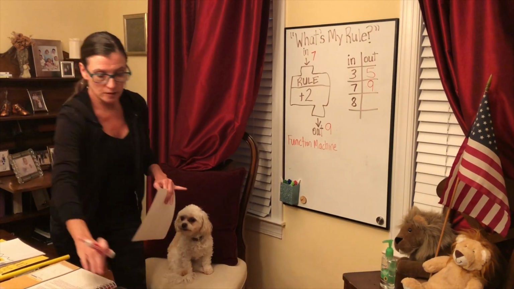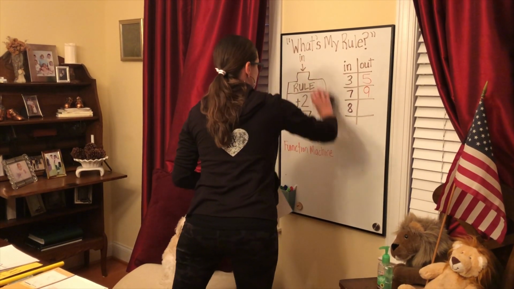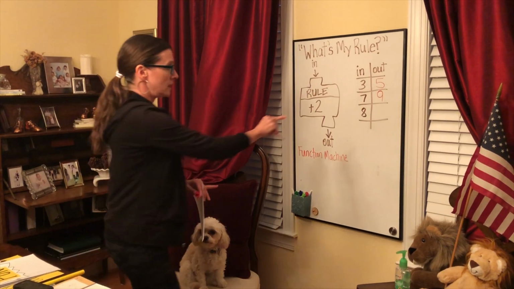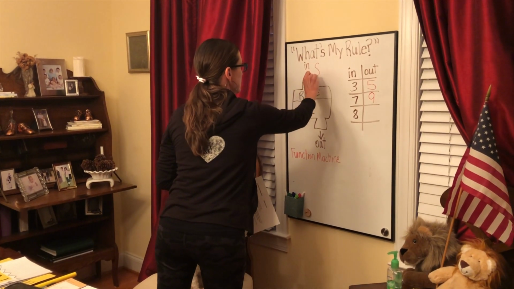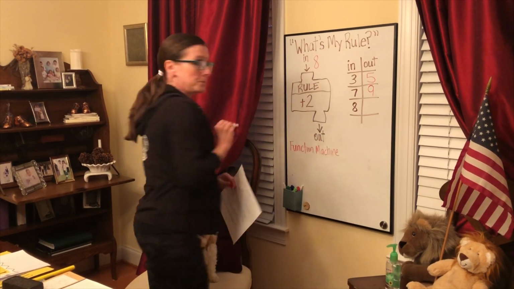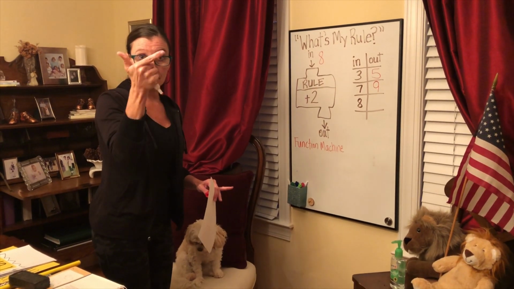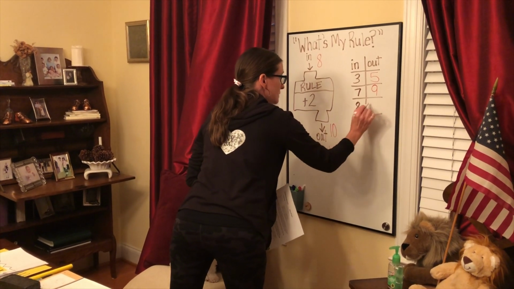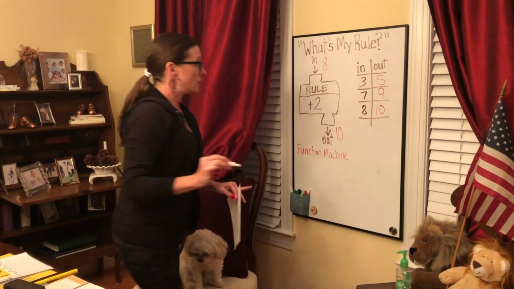All right, here we go again. We can erase this, and now we're going to put 8 in, plus 2: 9, 10. That's a complement of 10. I know you knew that. So there you go.